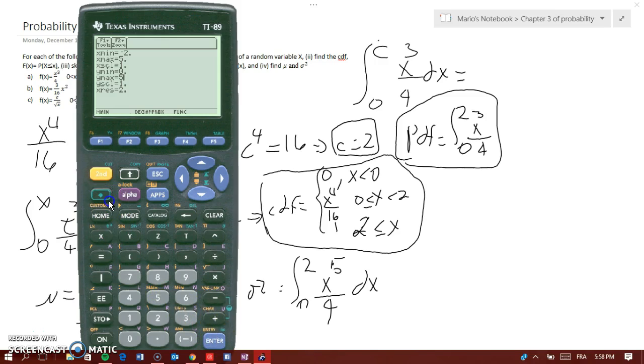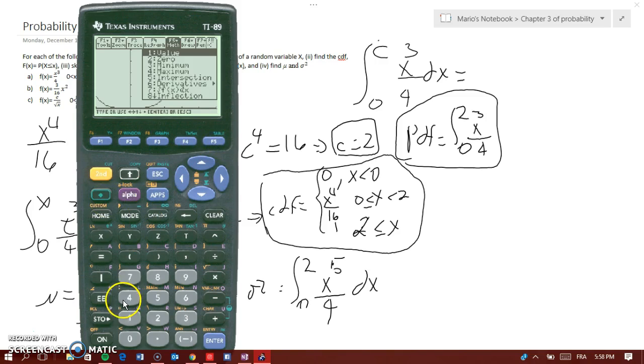And let's graph that. Now let's click on F5, number 7, 0, enter, and 2, enter, and that's it.